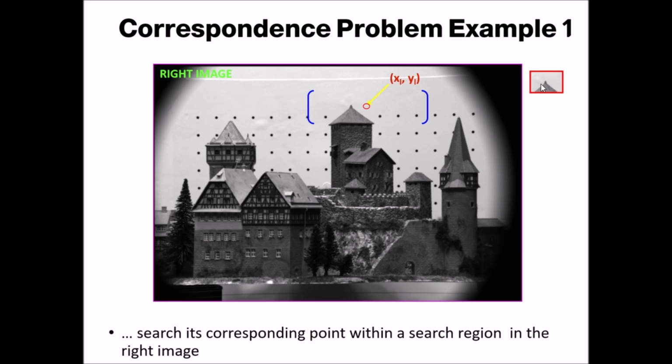So this is the window that we selected from the left image, and we try now to compare here. The idea is to search for the corresponding point of this pixel on the left within the search region in the right image. So let's do it.